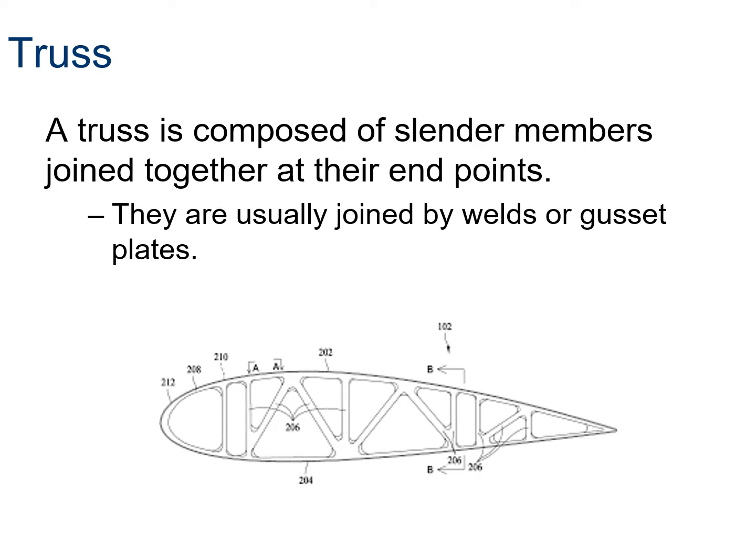Here's an airfoil, a cross section of a wing, and you can see here all these small beams. Now this is usually cut out of one piece or welded together if it needs to be, but you can see all of these different geometries are designed specifically to withstand the forces that are acting on a wing, which is usually an upwards lift.